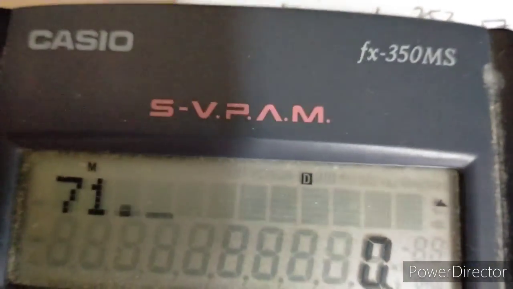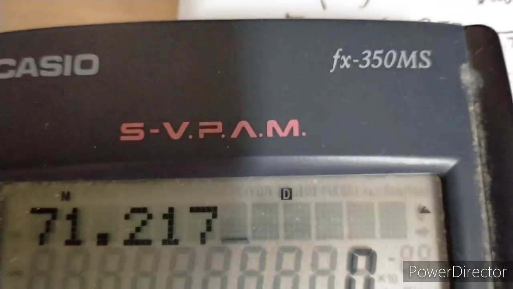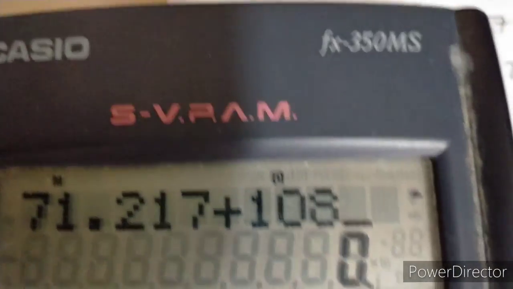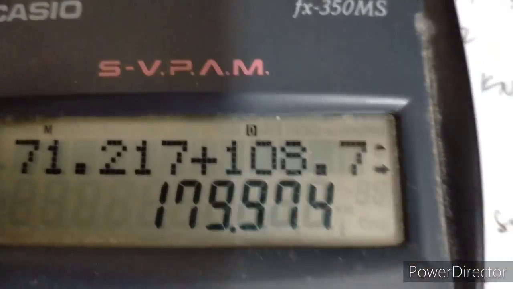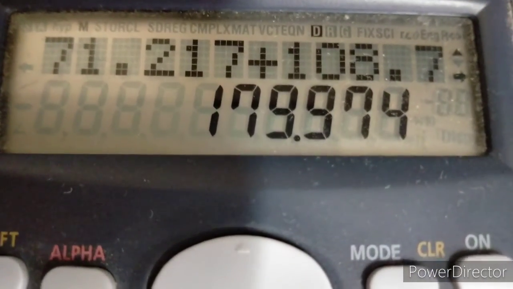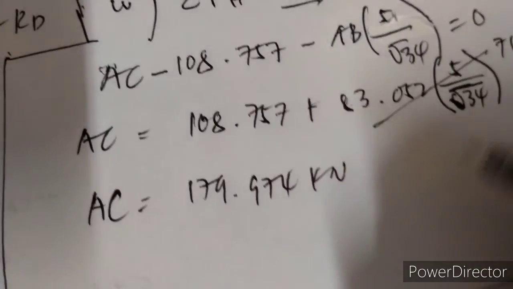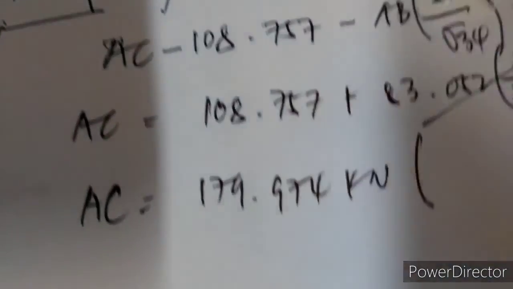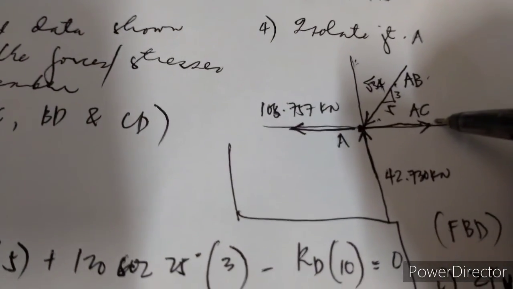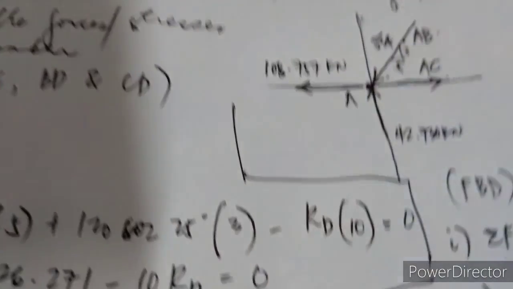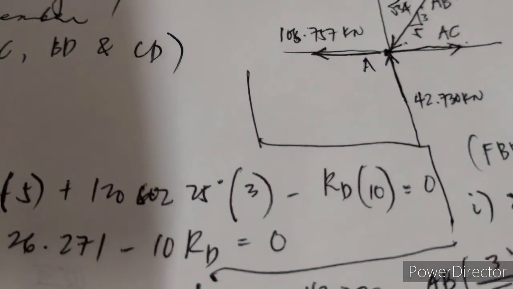So 71.217 plus 108.757 will give you 179.974 kilonewtons. It gave you a positive answer, so the assumption for AC going to the right is correct. So this is now in tension.